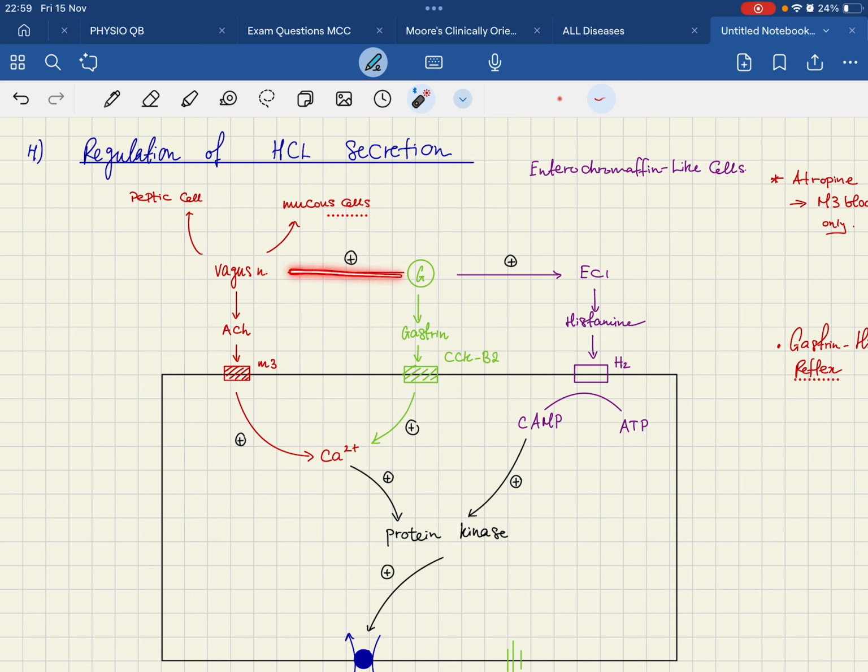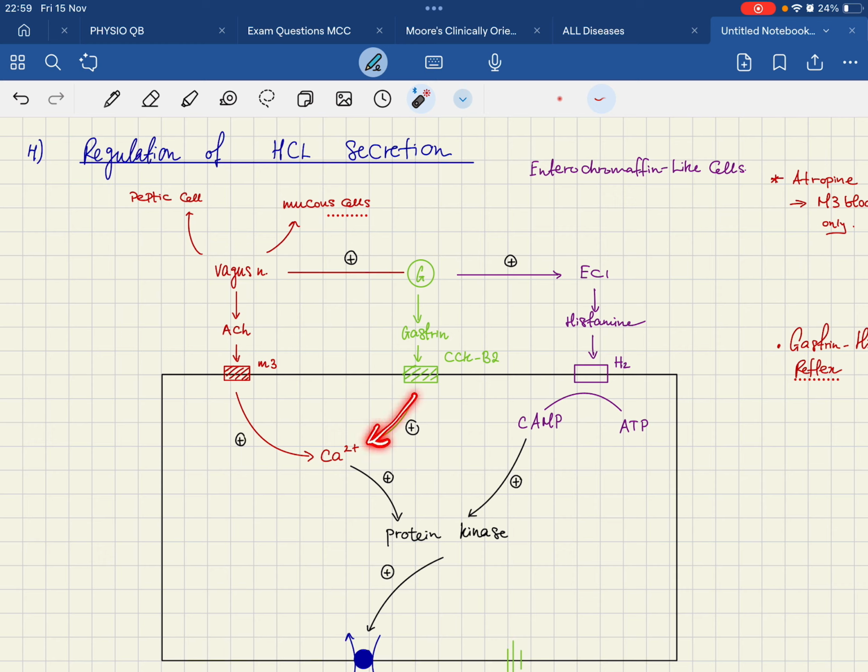And then we'll have this vagus nerve. Upon stimulation, it will also stimulate G cells. These G cells increase the secretion of gastrin. And what does this gastrin do? Again, it will act on a specific receptor, which is called CCKB2. So you'll have to learn this by heart. CCKB2, and what will this do?